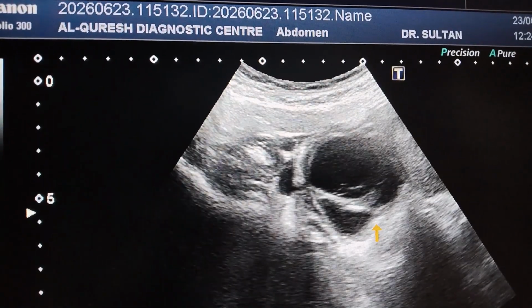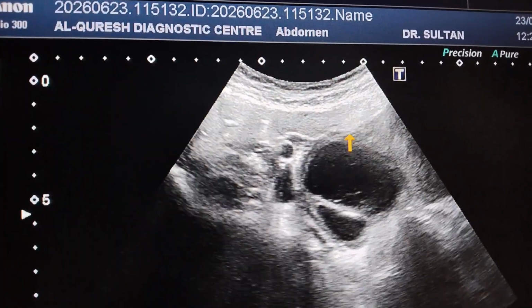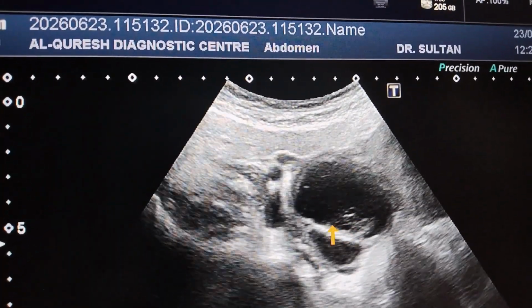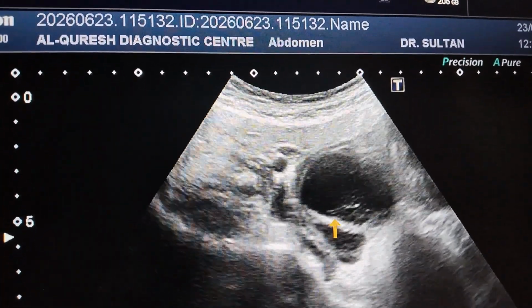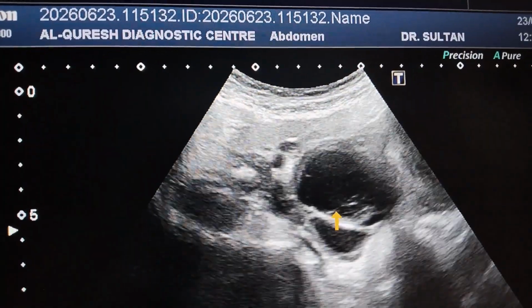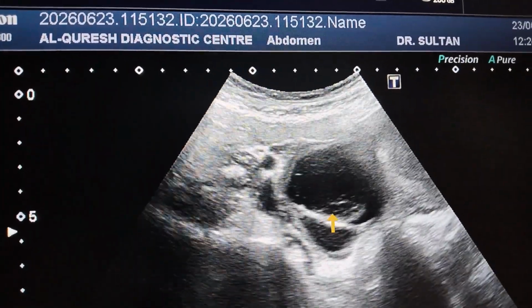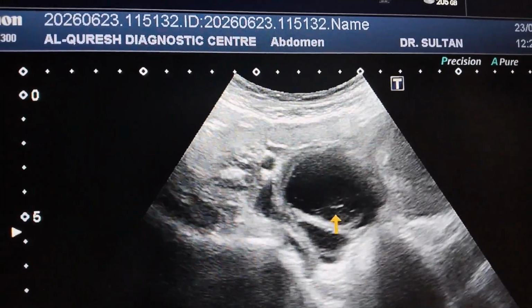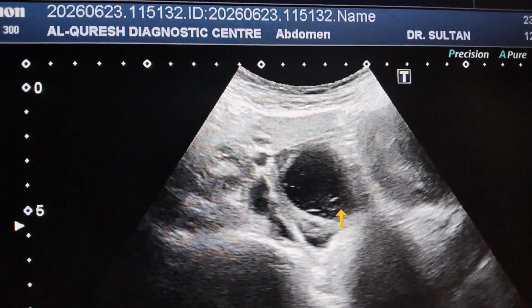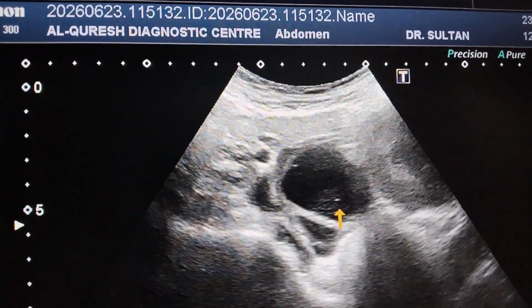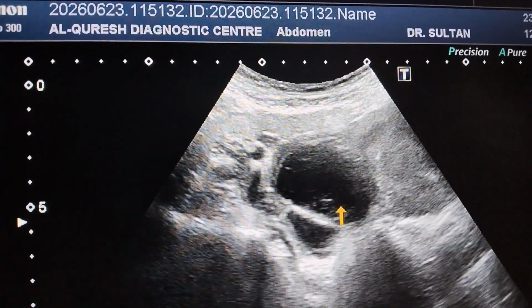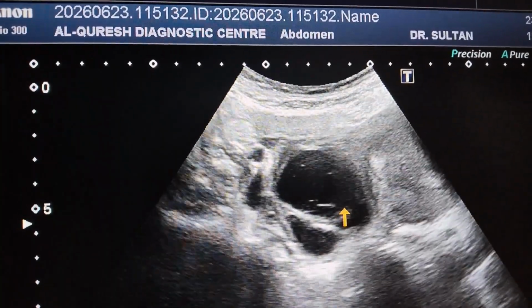So here we can appreciate this cyst. This is a cystic lesion, and whenever we appreciate some pelvic pathology, we should zoom the image so that we have better visualization of the pathology.